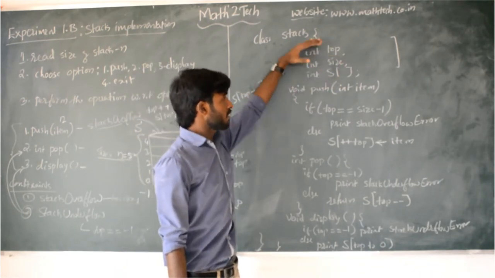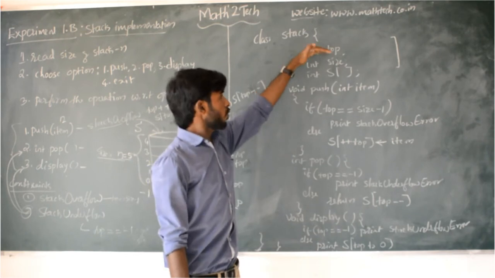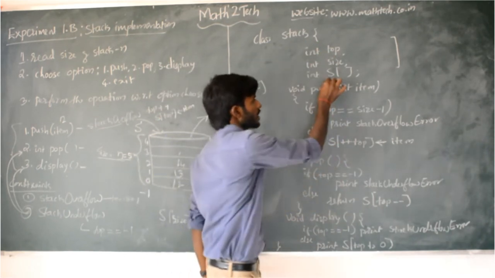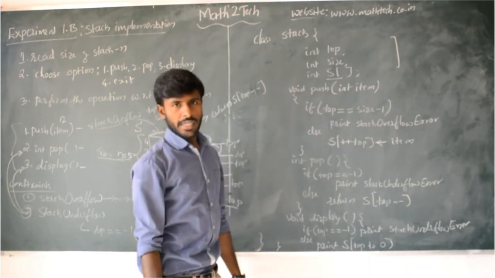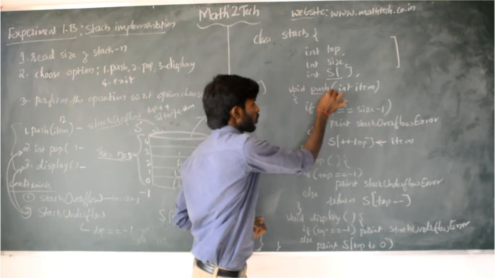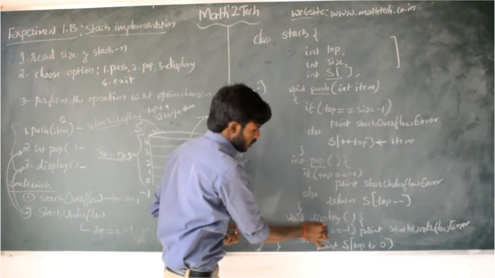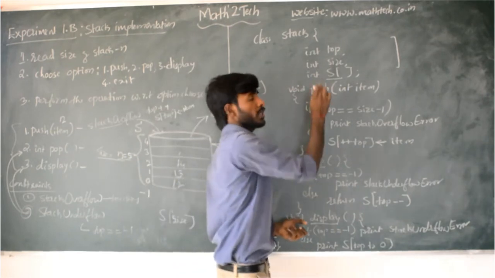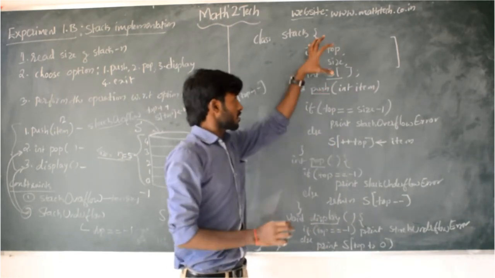It consists of three data members: one is top, one is size, and one is the array. This array is the stack, to hold the elements of the stack. And the member functions are push, pop, and display: three member functions.